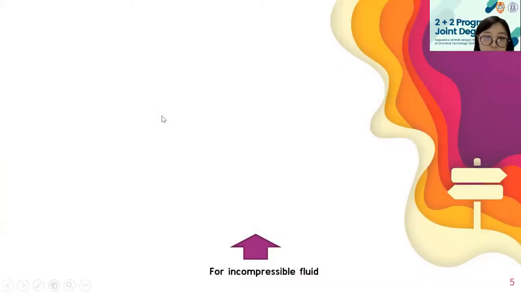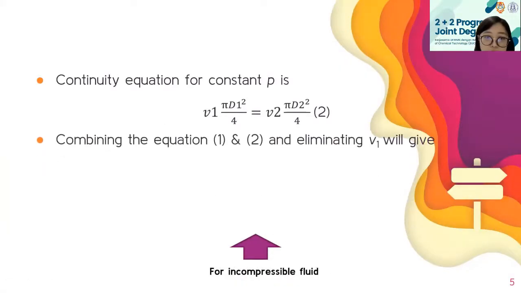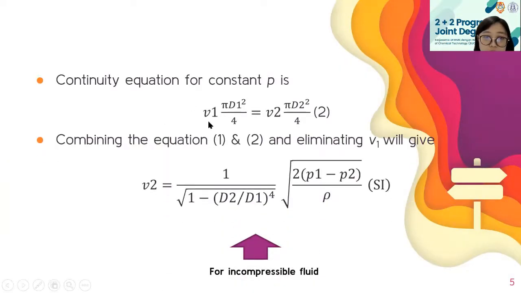So that's why for the continuity equation, we can say that Q1 equals Q2. The volumetric flow rate at point 1 equals the volumetric flow rate at point 2.